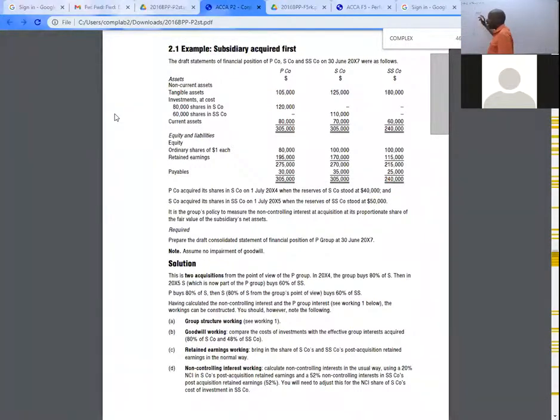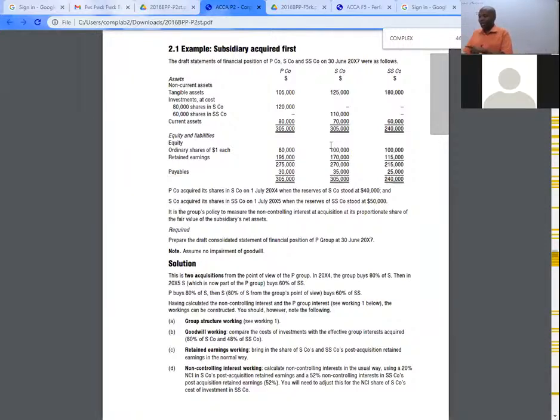So 80,000 out of how many? How many shares does S company have? If you look here, ordinary shares of $1 each, the share capital of S company is 100,000. How do we get the number of ordinary shares of any company? You take the share capital and divide by the par value.